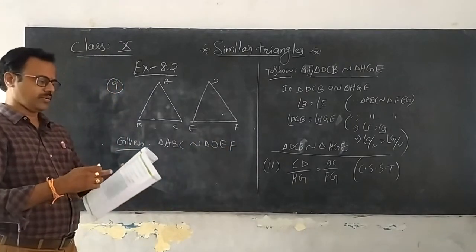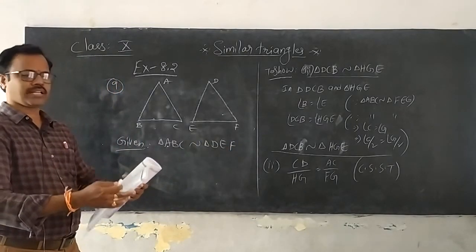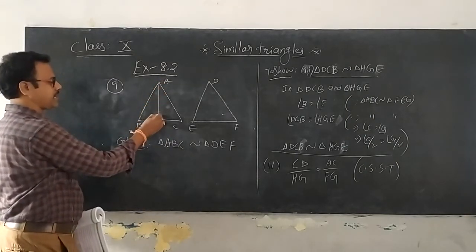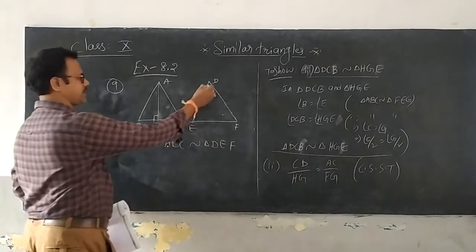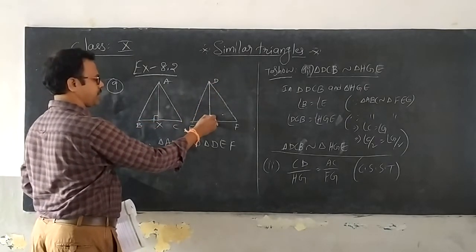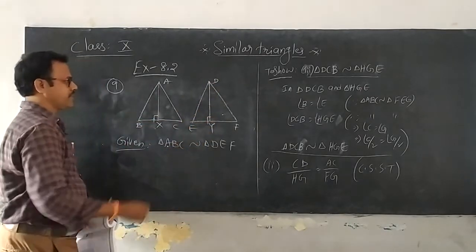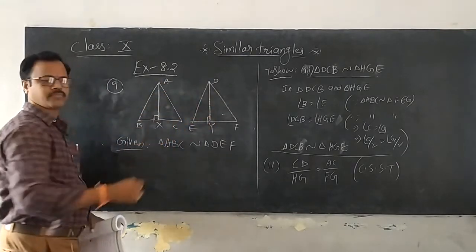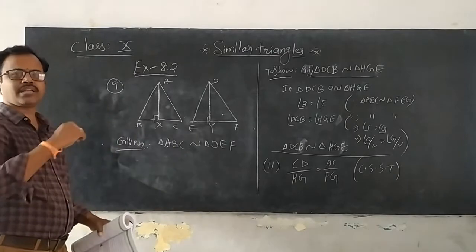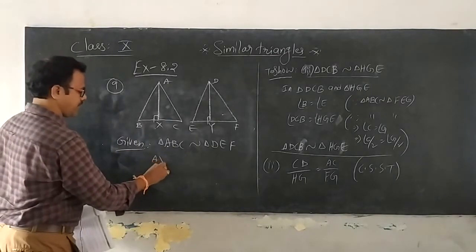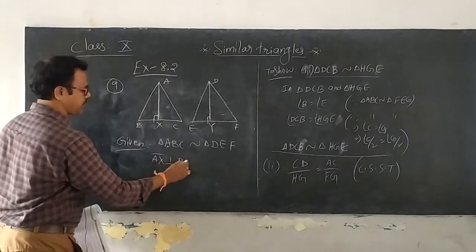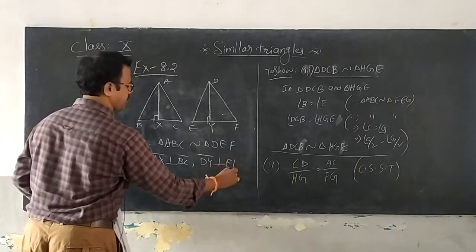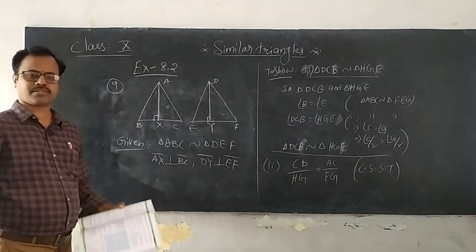And the next one, what did they give us? AX and DY are altitudes. Altitude means a line drawn perpendicular. These perpendiculars are called altitudes. So AX line segment is perpendicular to BC line segment, DY line segment is perpendicular to EF line segment.